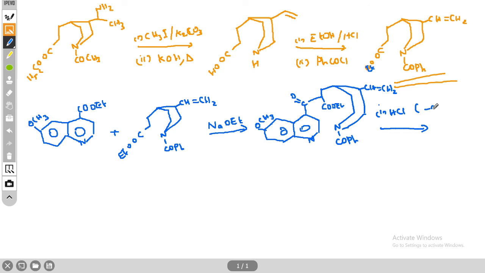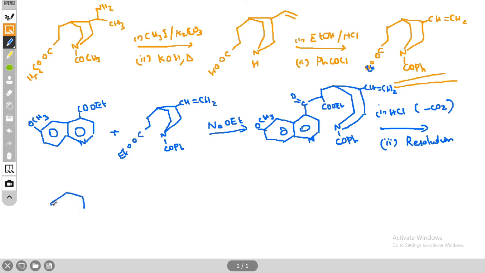Then this is an optically active form, so one of the forms is resolved. So this group is eliminated by hydrolysis followed by decarboxylation.